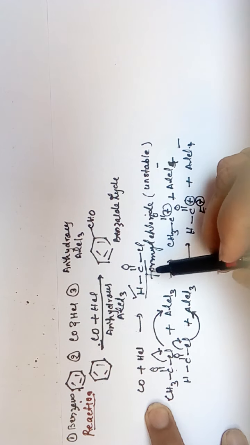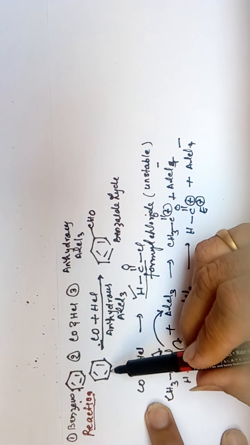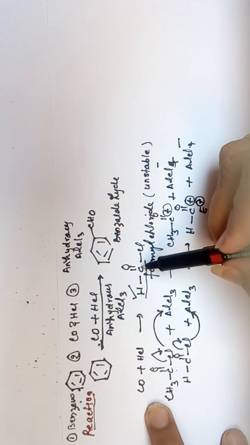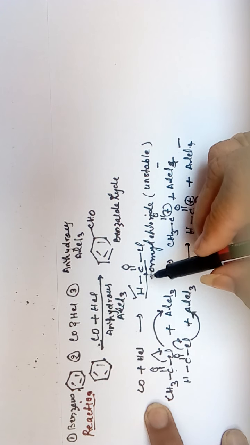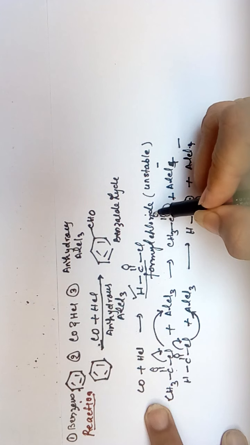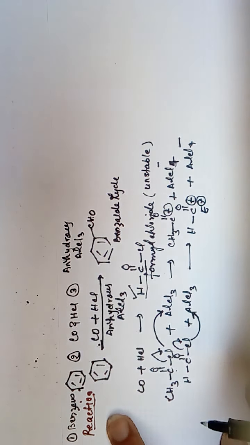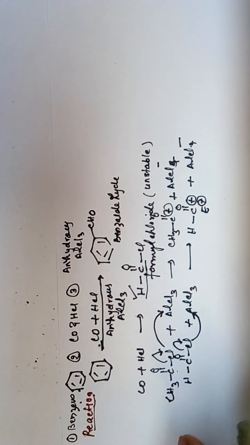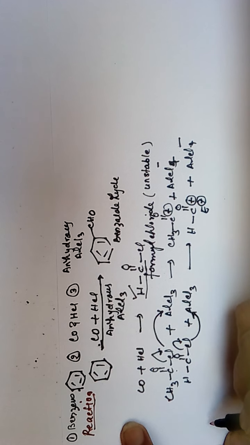So we cannot react it directly with benzene. So we take the reagents which form formyl chloride in situ. So guys, we come to the mechanism of this reaction.